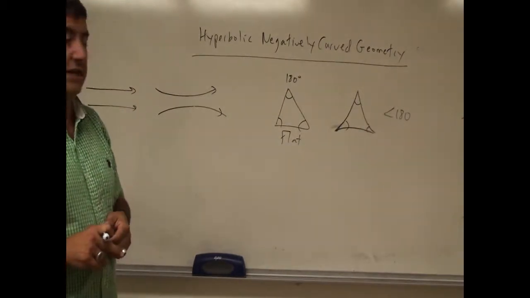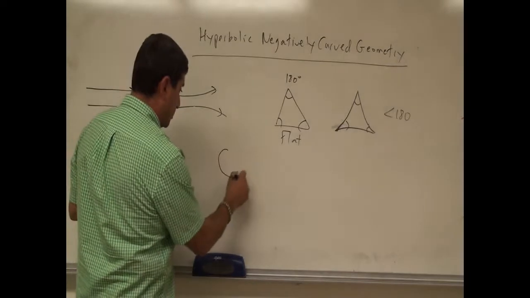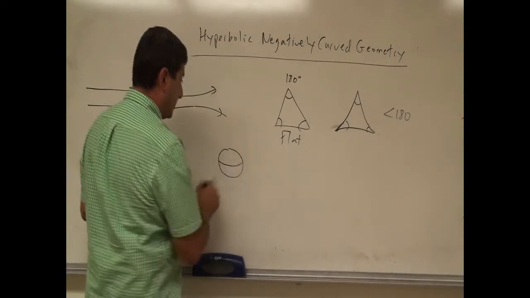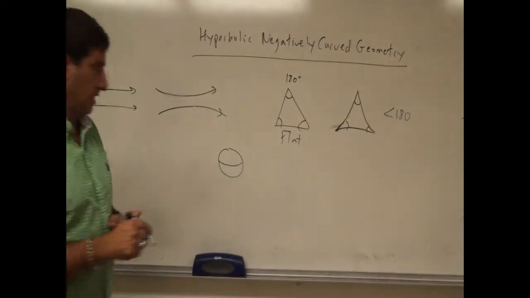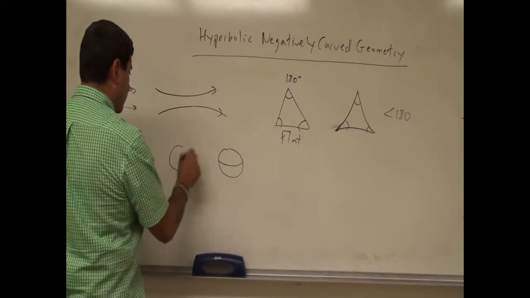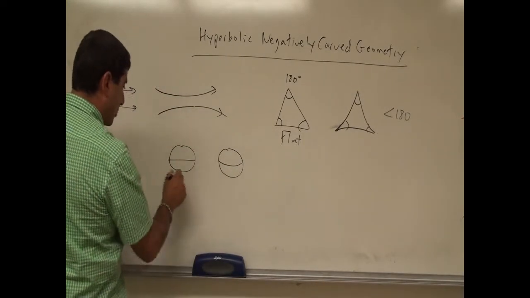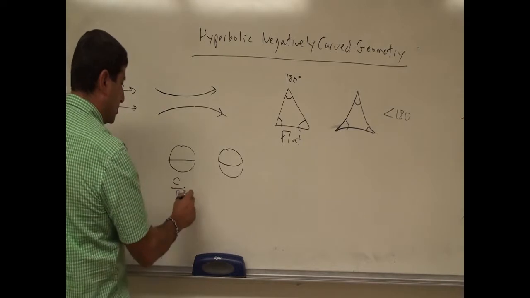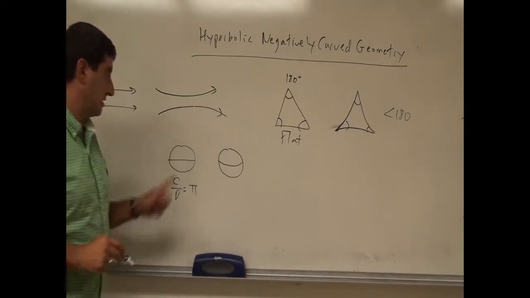And then the other thing that's true is that when you draw a circle and measure the circumference and the diameter, in a flat geometry, the ratio of the circumference to the diameter is going to equal pi, right?